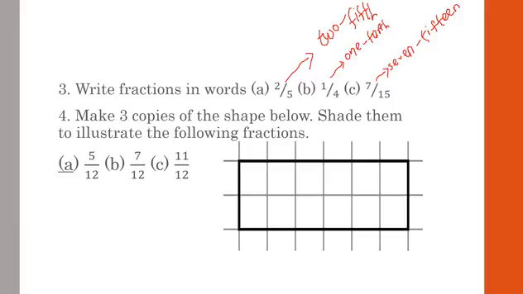This one, they ask you to make this shape you already see here. You should make 3 of these shapes with 12 spaces that you have here, and you shade 5/12, 7/12, 11/12. I'm going to do just this 5/12, and leave 7/12 and 11/12 for you. So you shade this.